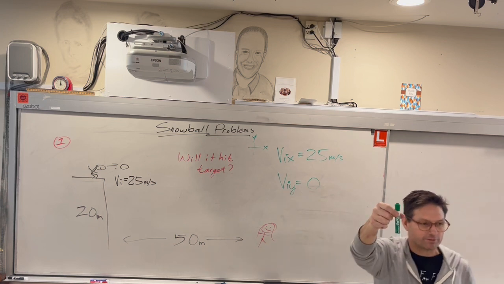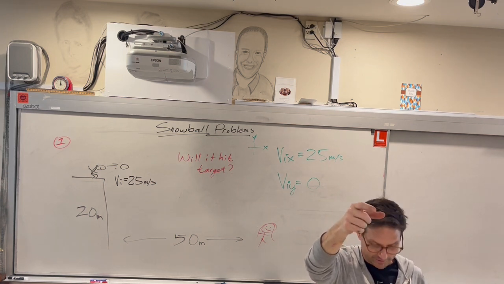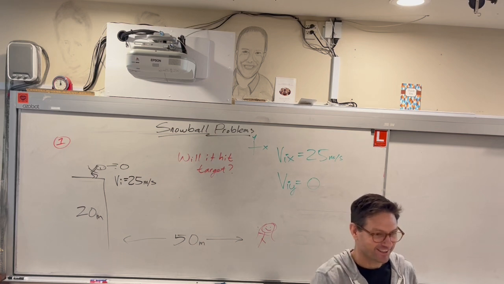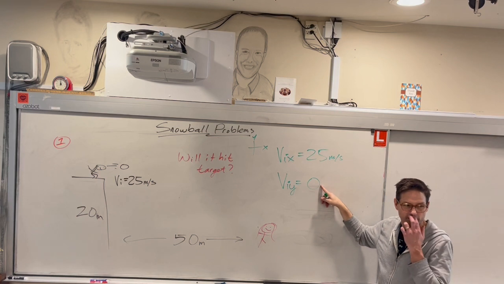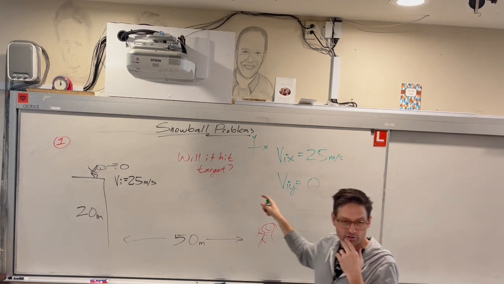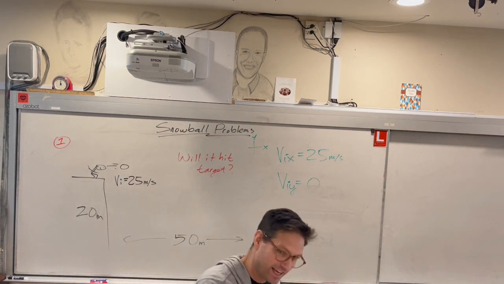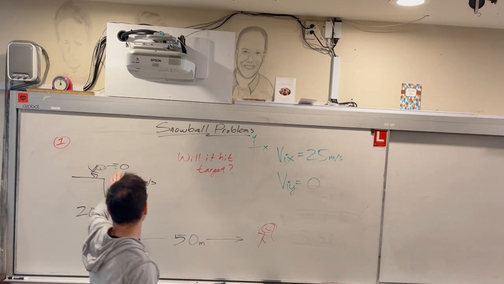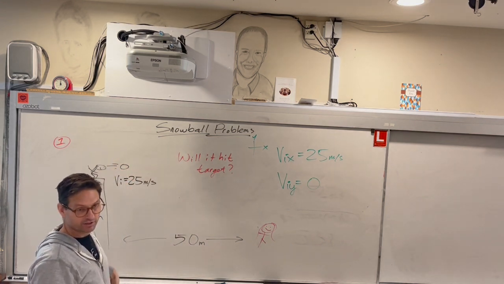If I'm holding this, what's its velocity right now? 0. Does it change? Yes. So, Romina, does the 25 change or does the 0 change? The 0 changes, right? So vertically, because gravity's pulling straight down, this snowball's velocity will change vertically.